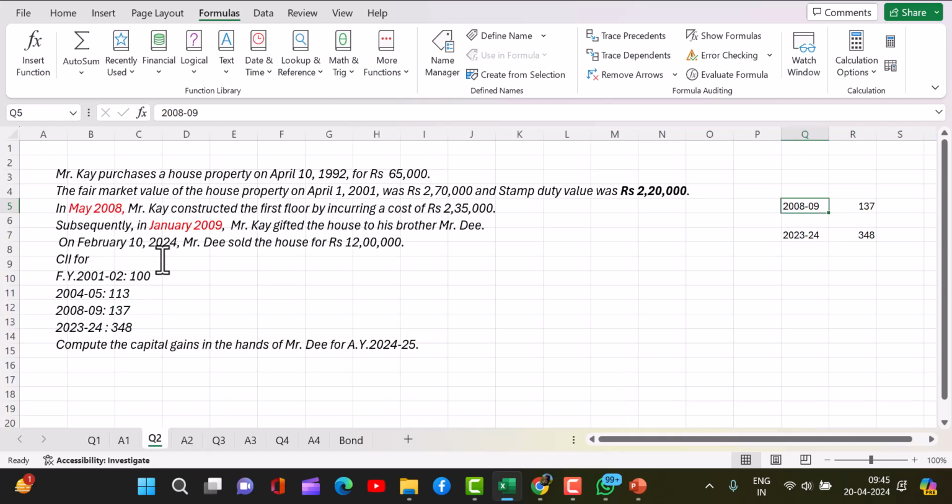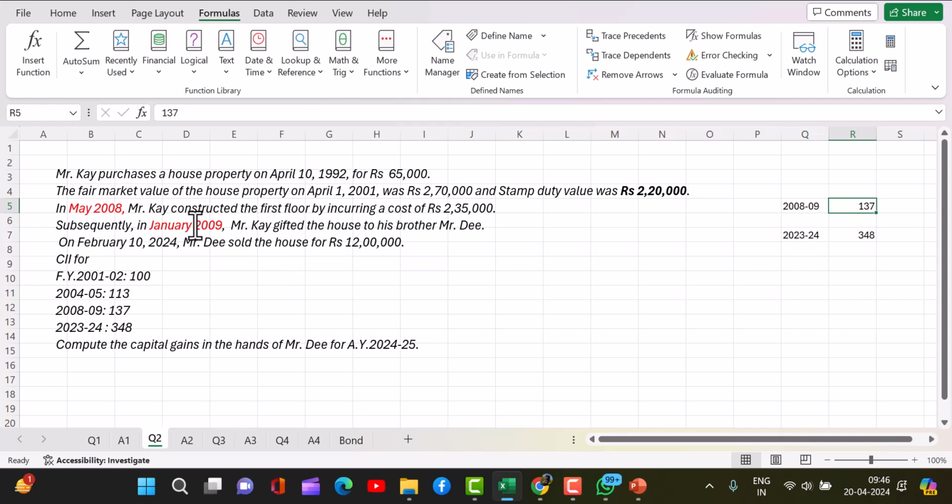There's an improvement also. Mr. K constructed the first floor in May 2008. His brother, who had gifted, constructed the first floor by incurring a cost of 2,35,000. This was also in May 2008, which means it will be 2008, 2009. May onwards, so 2008. So for the cost of improvement also we apply the 137.